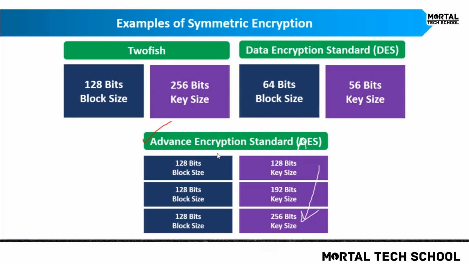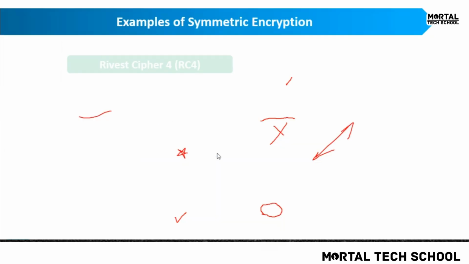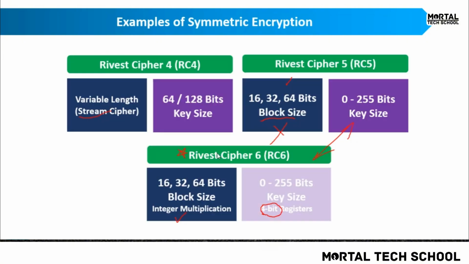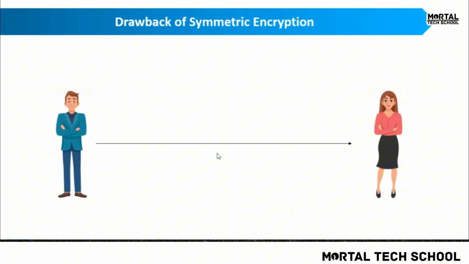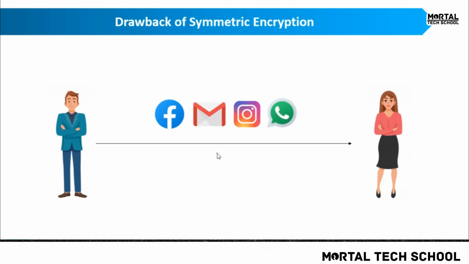Now, what is the main drawback of symmetric encryption? According to the definition, symmetric encryption has only one key. Suppose we have Bob and Alice. How exactly are you going to share the key with Bob?